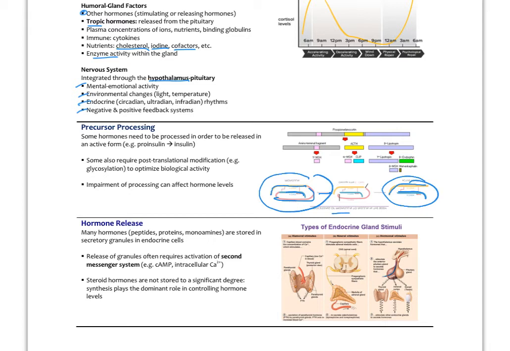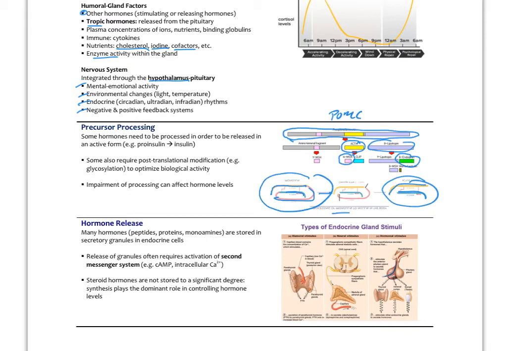So that's called precursor processing, and that happens usually in the endoplasmic reticulum or Golgi apparatus of the different secreting cells. Another example is ACTH. That's a really interesting one. It's secreted by the anterior pituitary gland, and the precursor molecule is called POMC. And POMC fragments into all these different hormones like ACTH, but also beta-lipotropin, and those further fragment into things like endorphin, beta-endorphin, melanocyte-stimulating hormones.